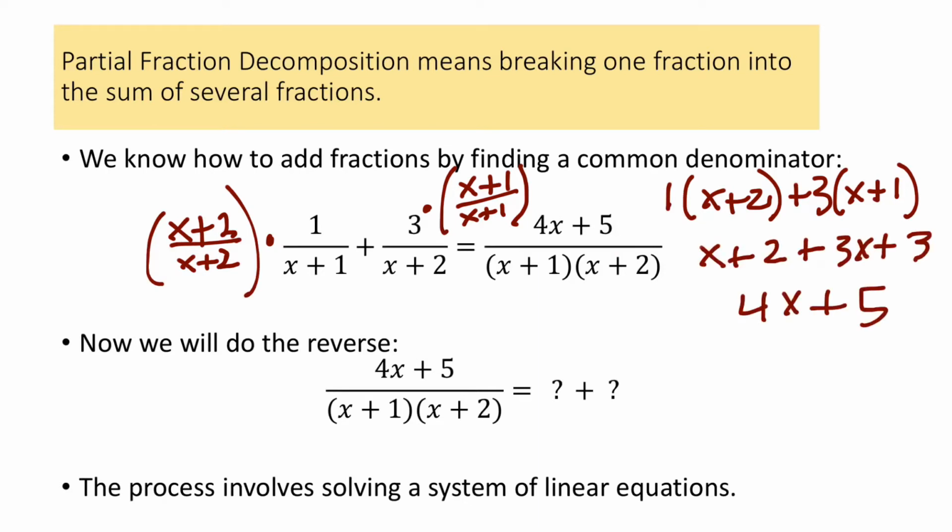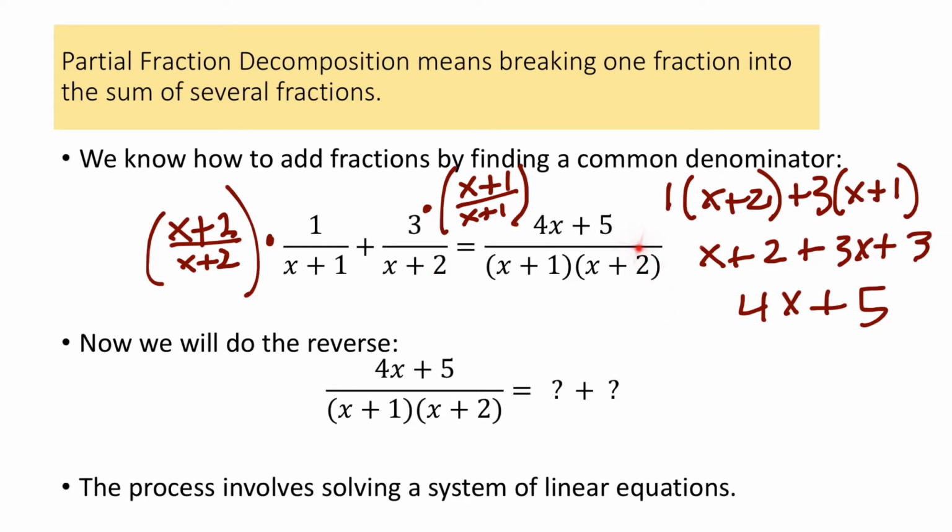So you could see if I go ahead and follow out this simplification, I'm going to get this 4x plus 5. So what we've shown is that we can go forwards, if you will, by adding two known fractions together, finding the common denominator first, and then simplifying.